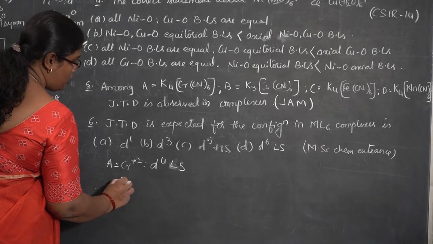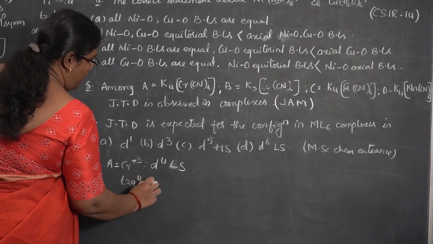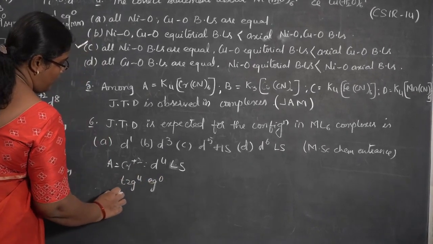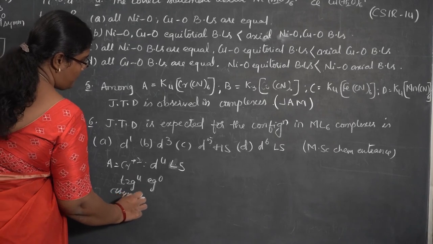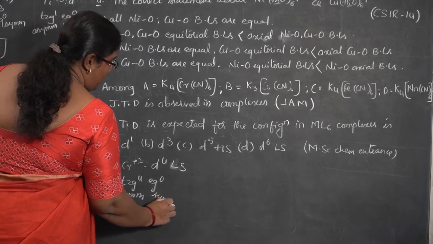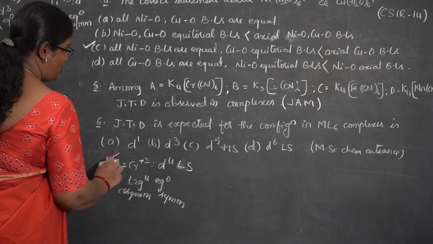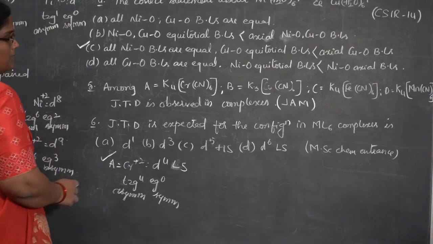So your configuration will be T2G4 Eg0. So T2G is asymmetric, Eg is symmetric. So you can have the distortion in the first complex.